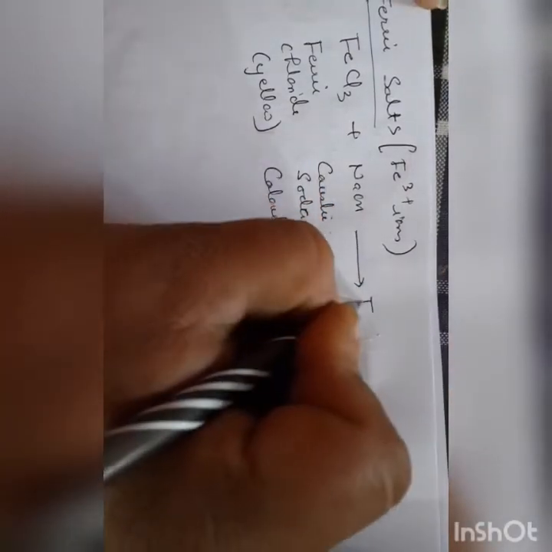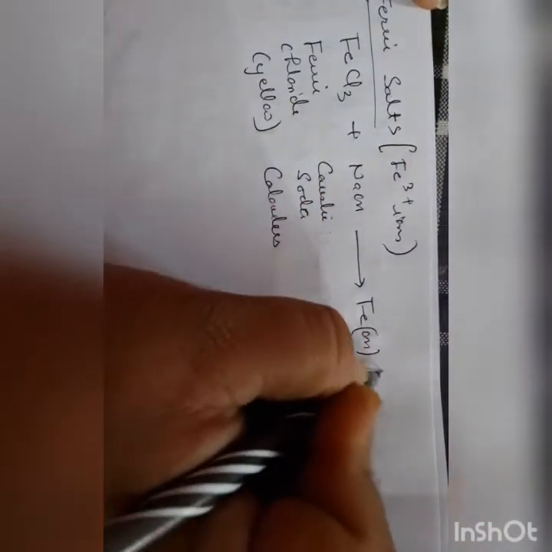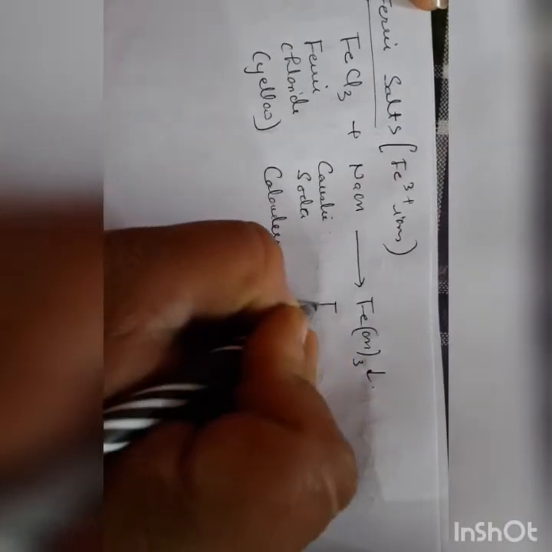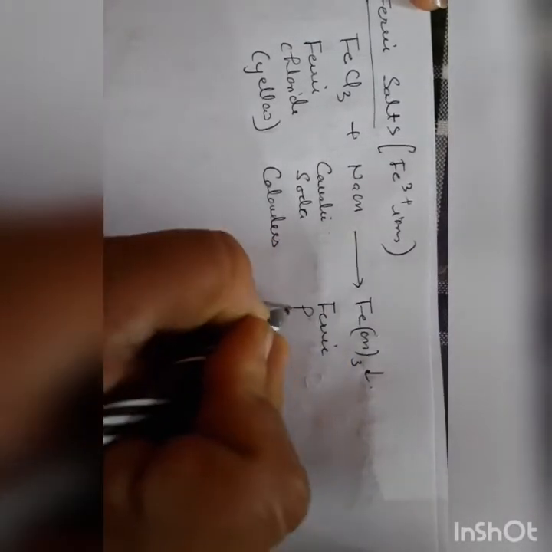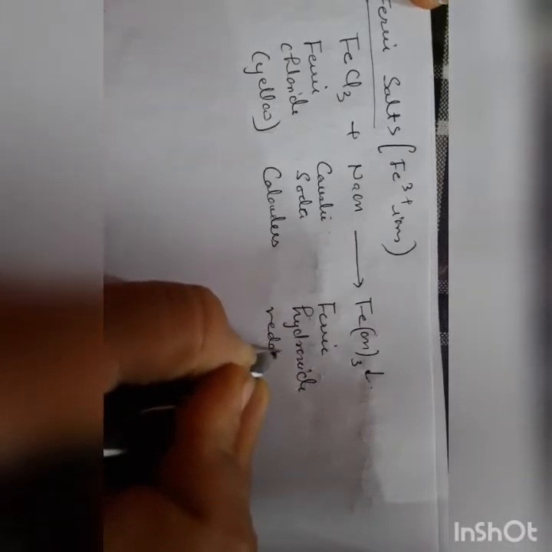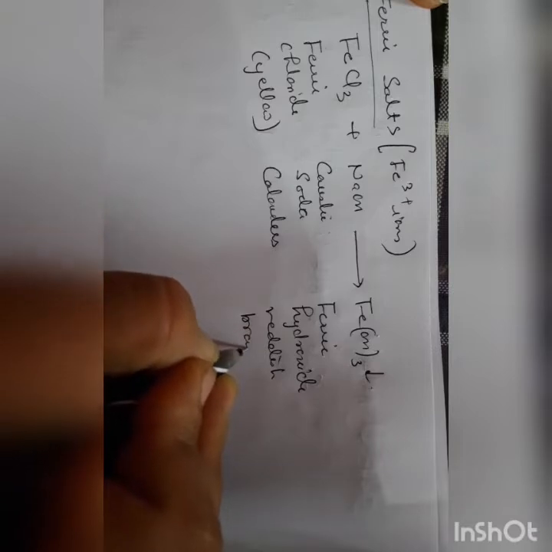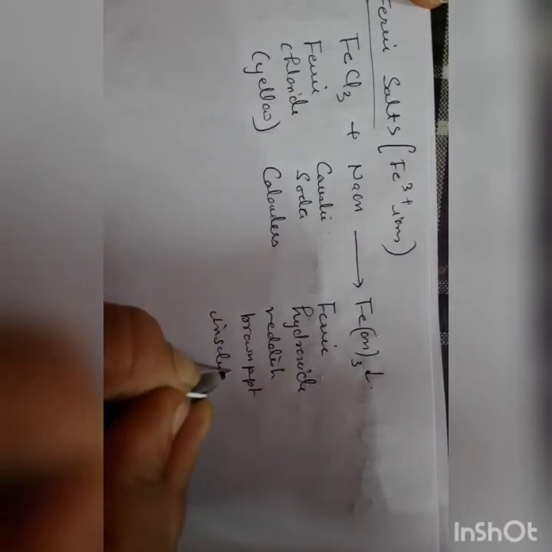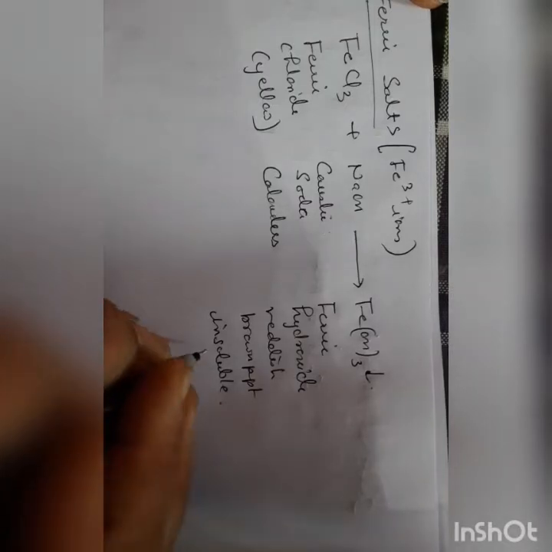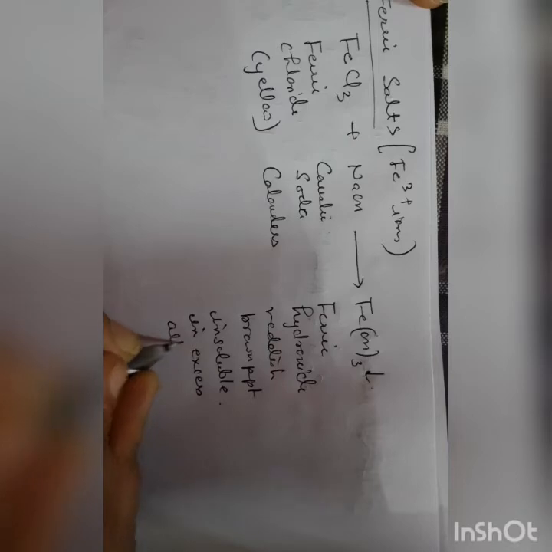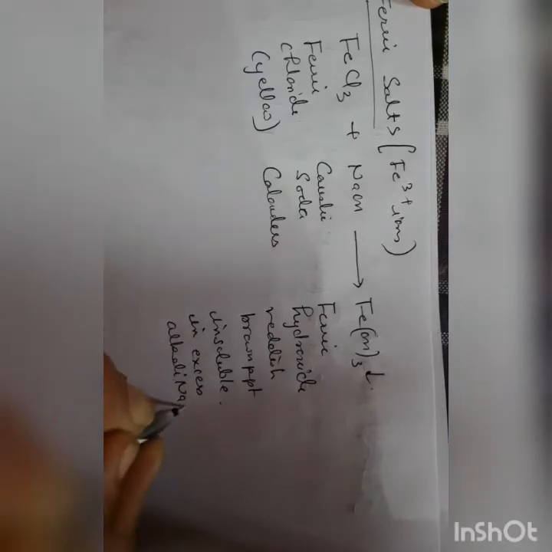A reaction will take place, and here we will get reddish brown ppt of ferric hydroxide, which is insoluble in excess alkali NaOH.